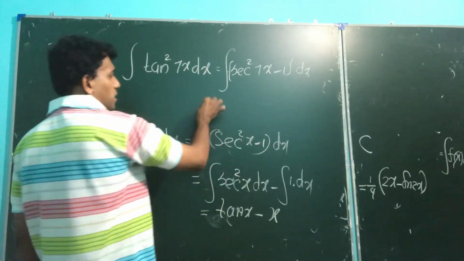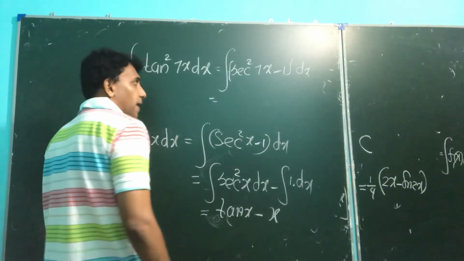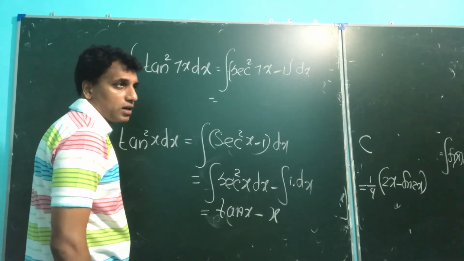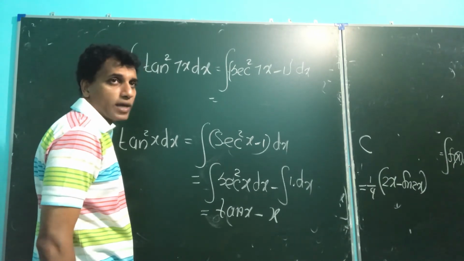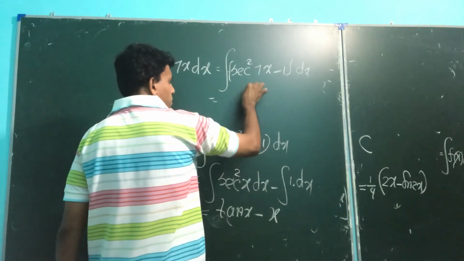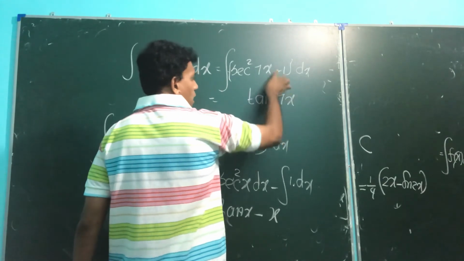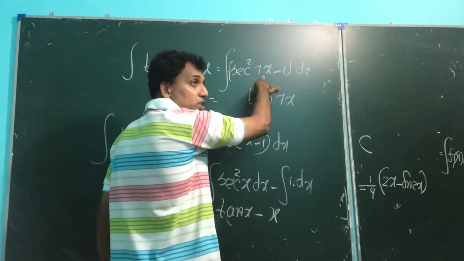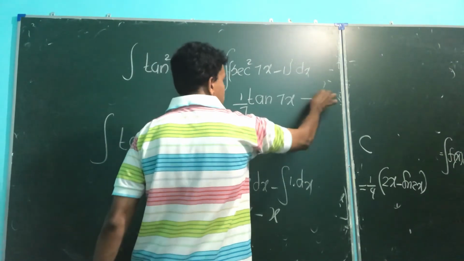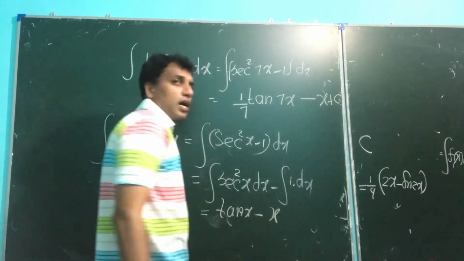Now the integral, what is that? The integration of sec square is tan, because the differentiation of tan theta is sec square theta. Therefore this is tan 7x, and don't forget the differentiation, write the reciprocal, 1 over 7. Minus 1 gives x. Okay, plus c is the answer.